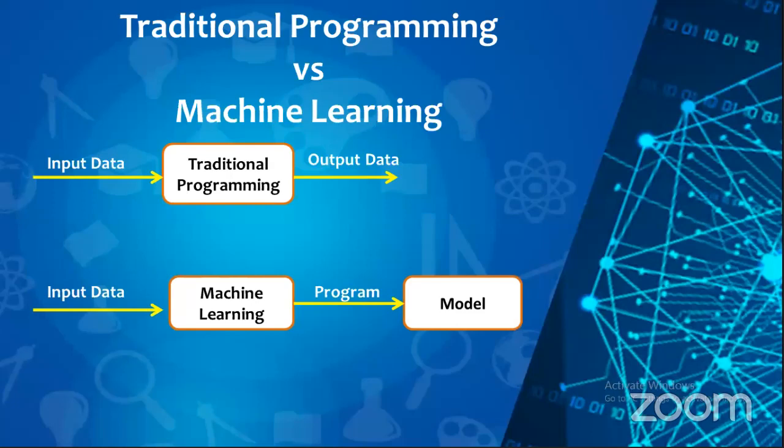In this model, we give new input data. Then the model can process that input data and give new output data which you have never seen before. This is what machine learning can do based on input data. It gets experience and creates predictive models for you. That is the definition we covered in the last session.